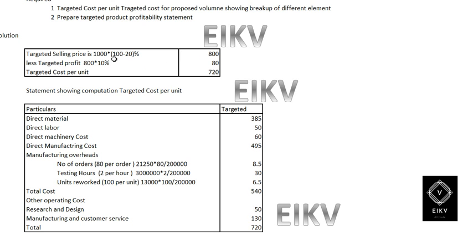So the selling price would be 800, less targeted profit. Targeted profit is 10% of 800, which gives 80 rupees. When we deduct 80 rupees from 800, we will get 720 rupees as cost. So targeted cost per unit is ₹720. So we need to allocate every cost of this product within this 720 rupees.